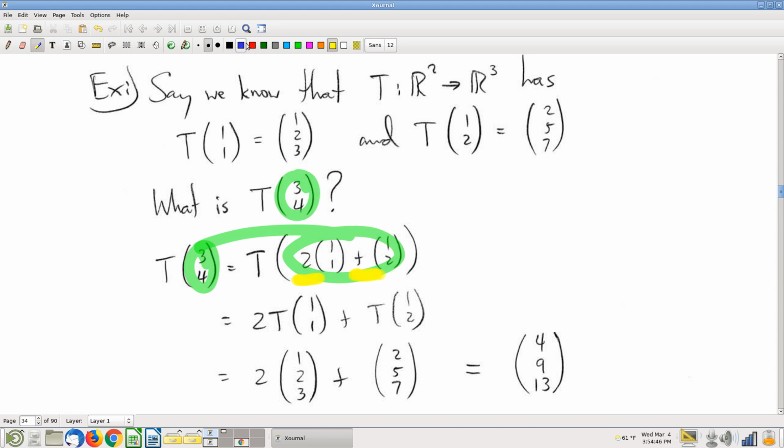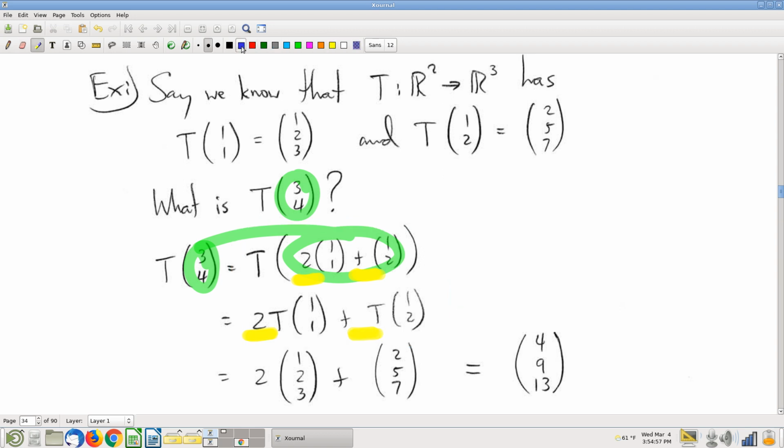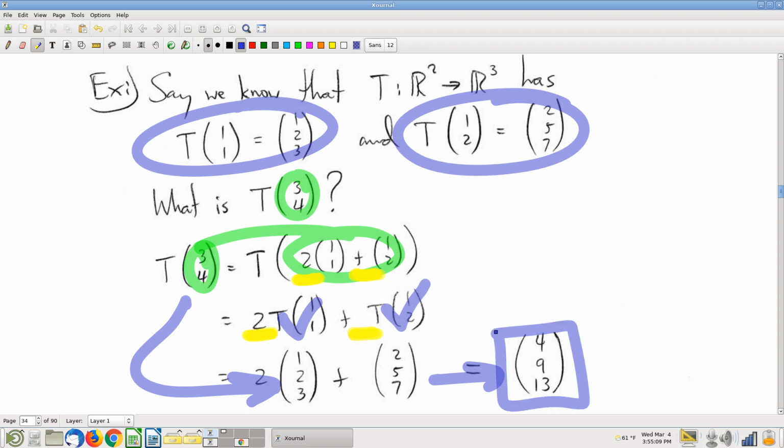Linearity says this: linear combination in, linear combination out. These images were given, and plug and chug, there's the value of T. You can do this for any vector.